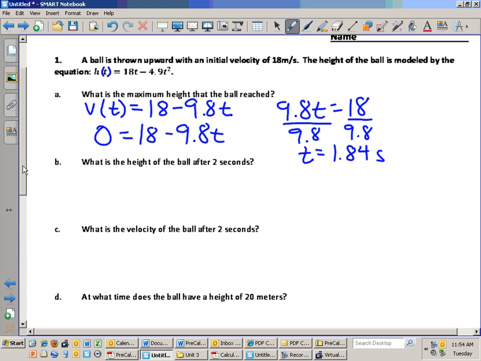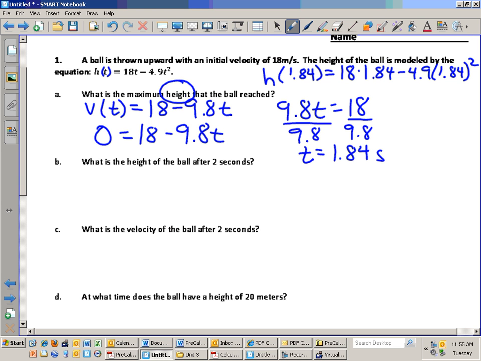The question says, what is the maximum height? So once I have the time, where do I plug it back into to get the height? The original, the position function. The position function actually tells me up and down where I am. So now I will go h of 1.84 is equal to 18 times 1.84 minus 4.9 times 1.84 quantity squared.